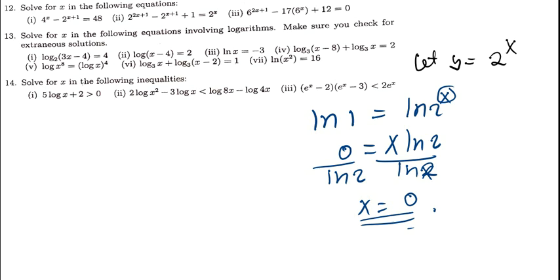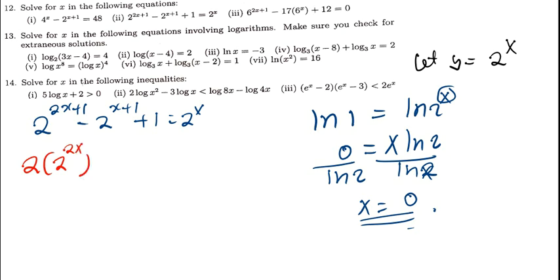So it is 2 raised to the power 2x plus 1 minus 2 raised to the power x plus 1 plus 1 is equal to 2 to the power x. I didn't include 2. I didn't say it. So now this is the same as 2 open brackets 2 to the power 2x, yes, minus 2 open 2 to the power x plus 1 is equal to 2 to the power x, like that.